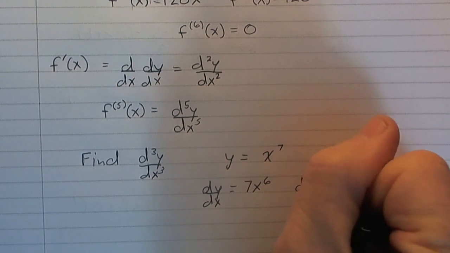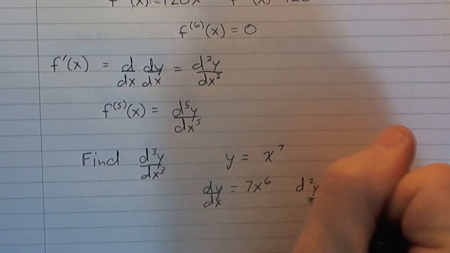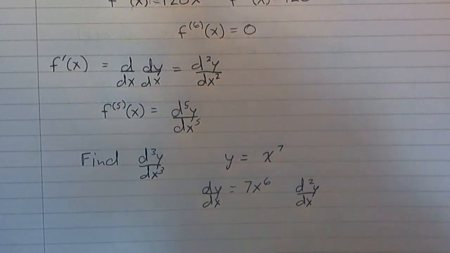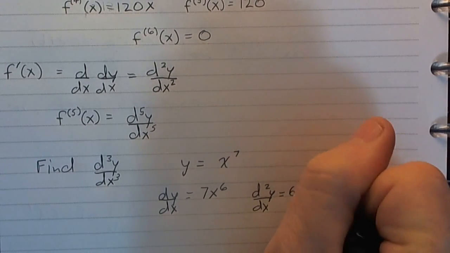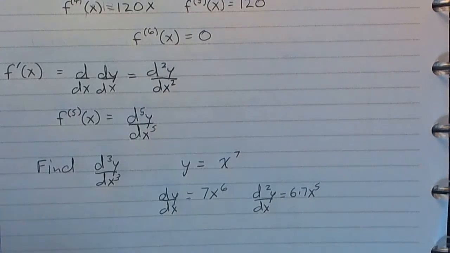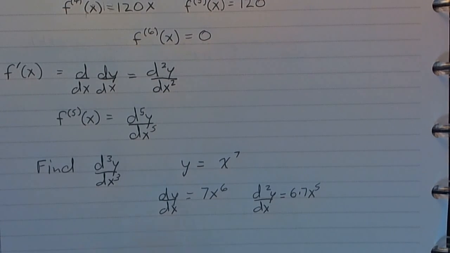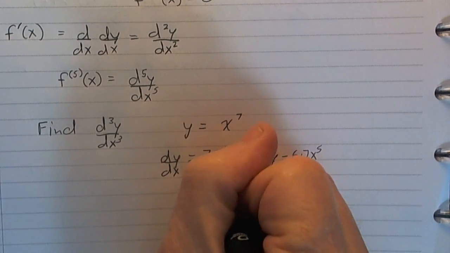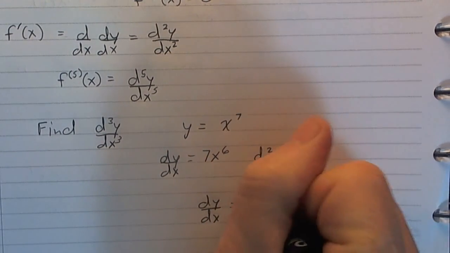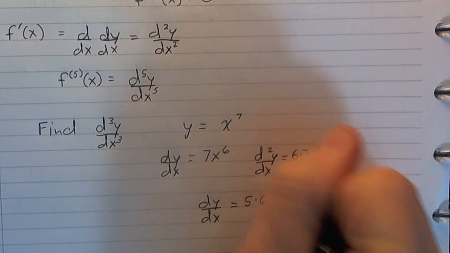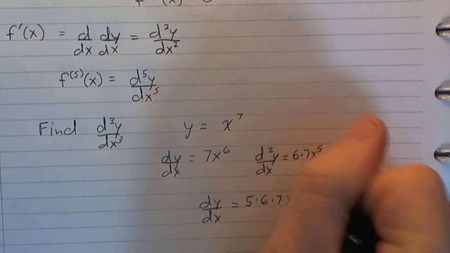And then what about the second derivative? Well, this is going to be 6 times 7, x to the fifth. See? That's the second derivative. And what about the third derivative? Well, 5 times 6 times 7, x to the fourth.